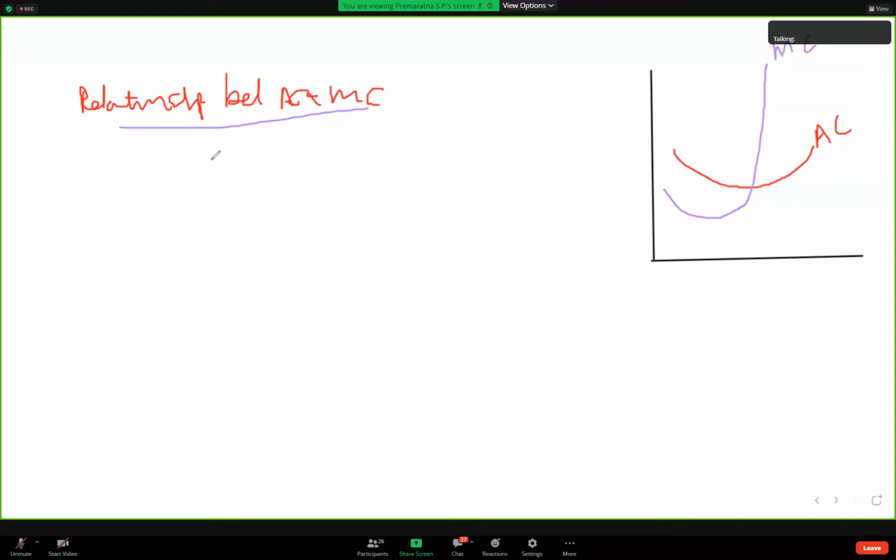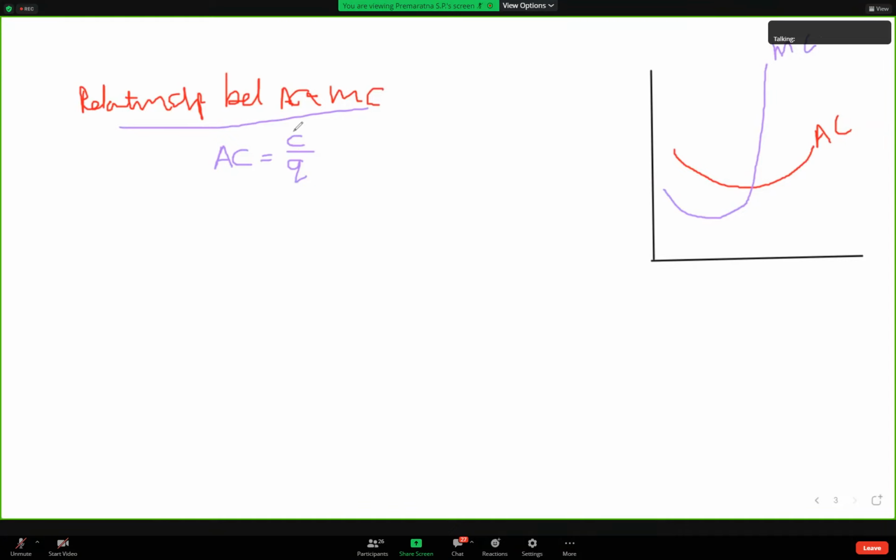So relationship between, we'll see, average cost. You know how to find average cost: cost divided by Q. Now here, C divided by quantity is the average cost.